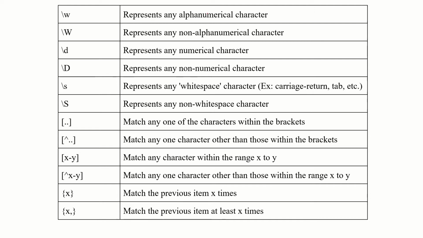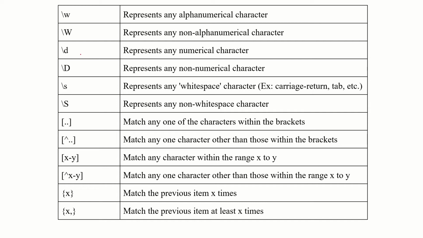If you want to check any alphanumeric character, we use backslash lowercase w. To check a non-alphanumeric character, backslash uppercase W. To represent any numerical character, use backslash d. To represent a non-numerical character, backslash uppercase D. Likewise, we can use these symbols within regular expressions, right?